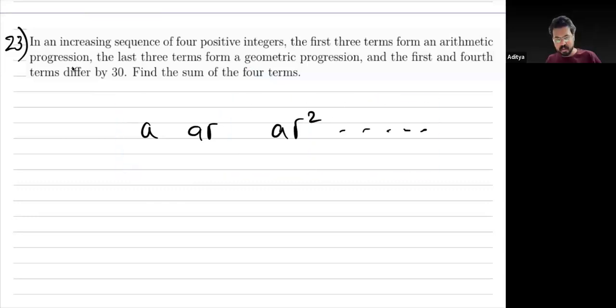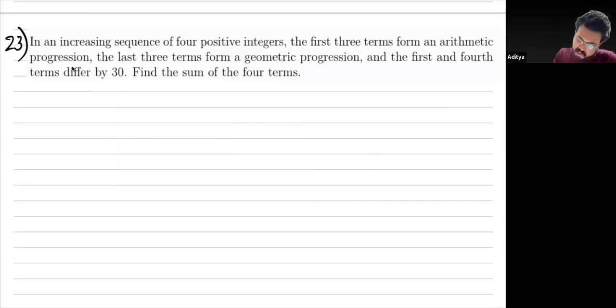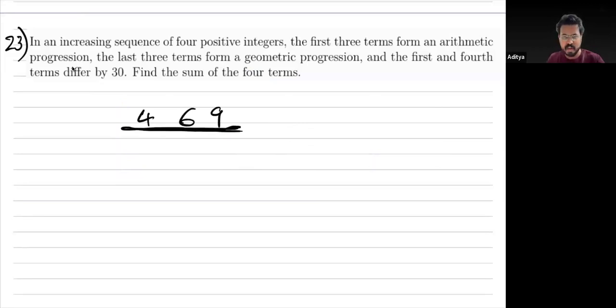R is a real number. For example, you can have 4, 6, 9. This is a very interesting situation. This is also a GP because the common ratio is 3 upon 2. Even though it doesn't look like a GP instantaneously, it is a GP.